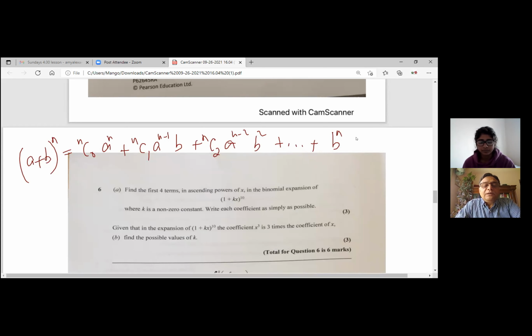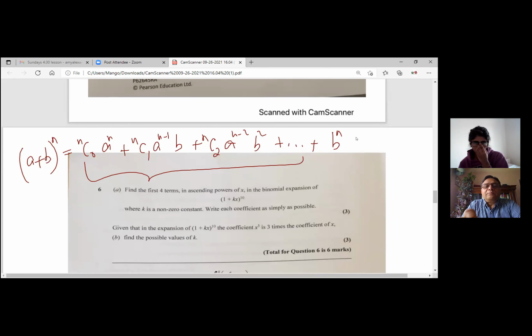Now, in your case, they're saying find the first 4 terms in ascending powers of x. That means increasing powers of x, which is b, right? So we have to write these first 4 terms. Is that clear to you? And a is 1 for you.